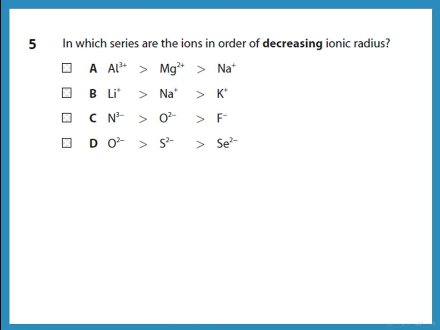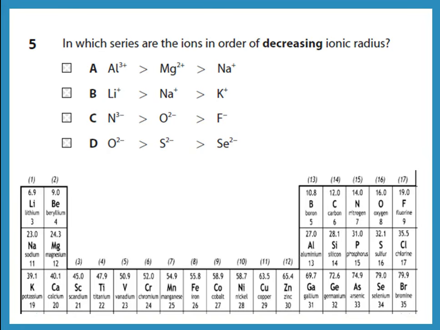Okay, this next question says, in which series are the ions in order of decreasing ionic radius? Decreasing ionic radius. Now let's look at the periodic table. That first question says aluminium, magnesium, sodium. Where is aluminium, magnesium, sodium? Now, which of these is bigger as an ionic radius, aluminium or sodium?